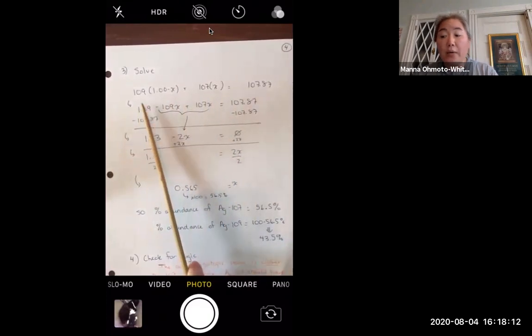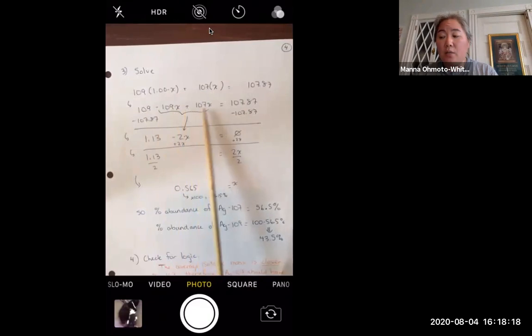I distribute out the 109. That becomes 109 minus 109x plus 107x. I subtract 107 from both sides, and I combine like terms. Then I move the variable over to this side, and I end up with 2x equal to 1.13.